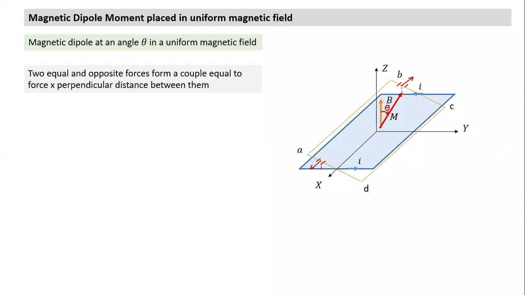Both will have the same z coordinate. Are you following? This point also, this point, both will have the same z coordinate. So if they have the same z coordinate, they are collinear forces, they will not form a couple. So for any element we take, the corresponding element's force acts at the same z coordinate, which means they are in the same horizontal plane. They will cancel out each other.